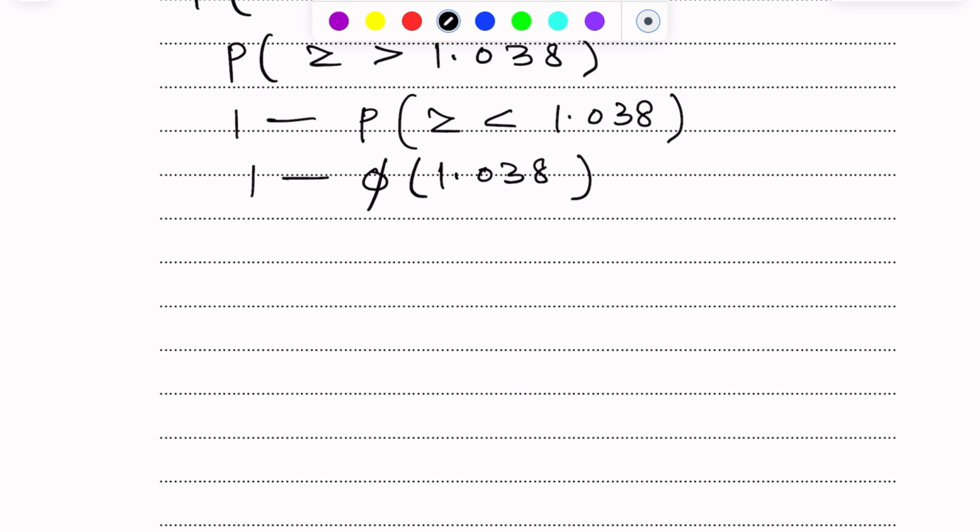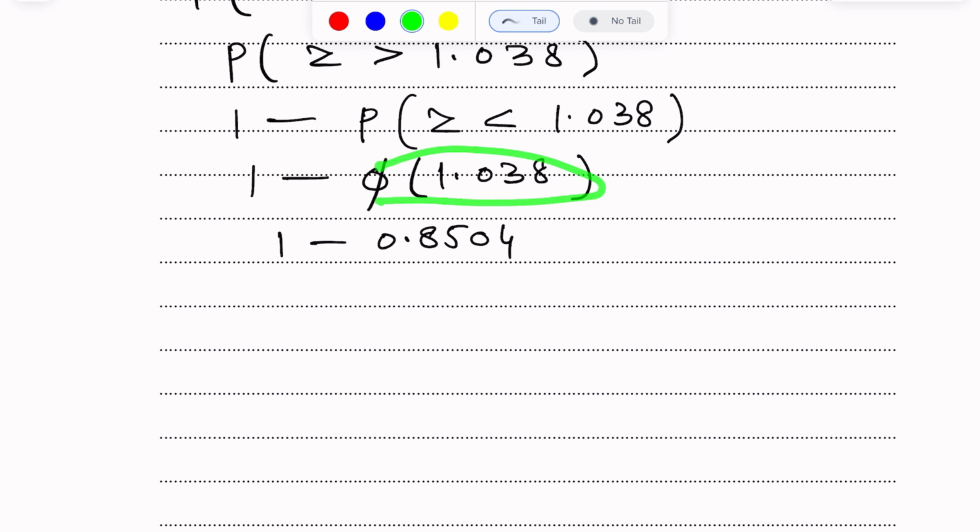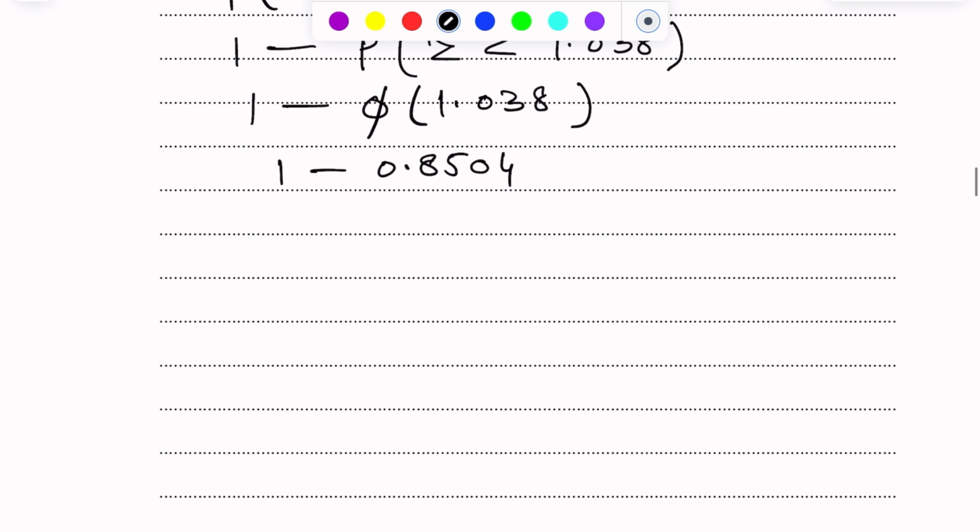We get 1 minus 0.8504, which is the probability for the value of Z 1.038. After calculating it, we get the answer 0.1496.